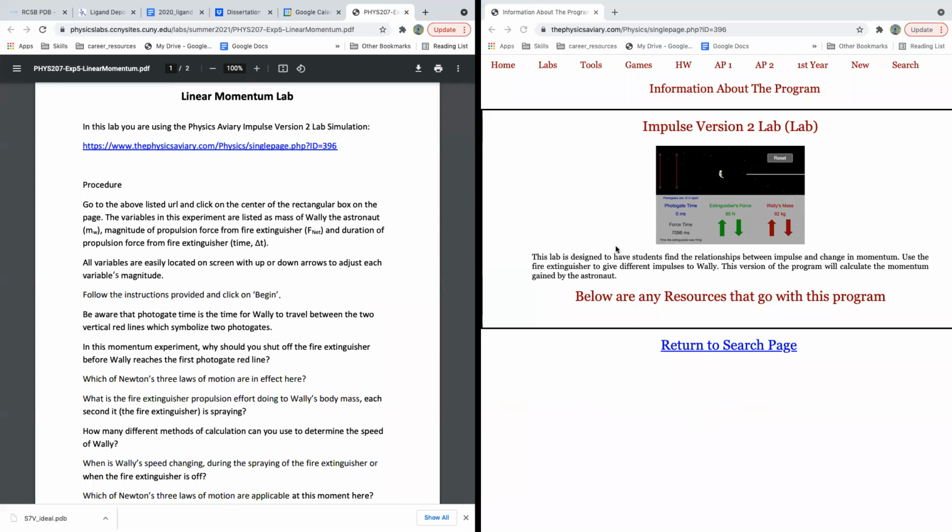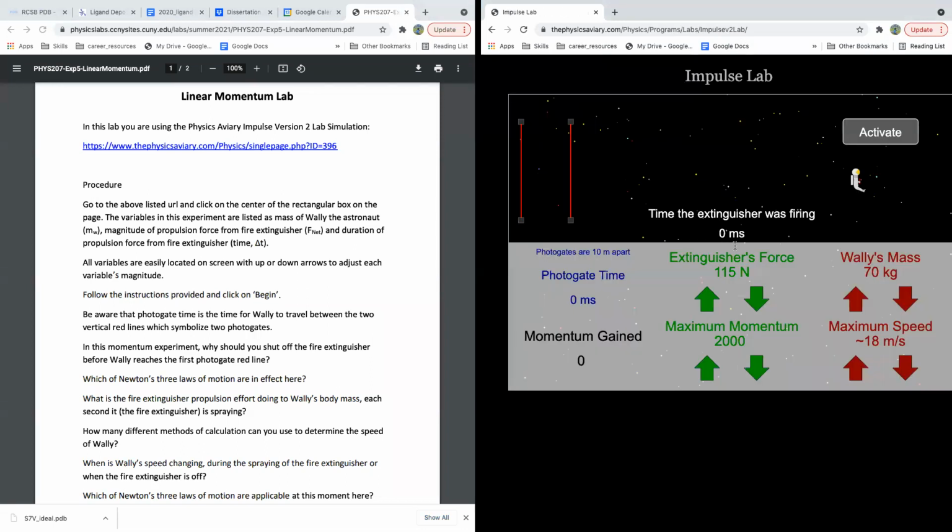So we're gonna use this URL to start our linear momentum lab. So basically what we do here, if we click to start, so click this one to start. So you begin.